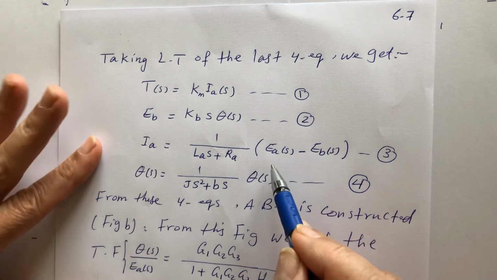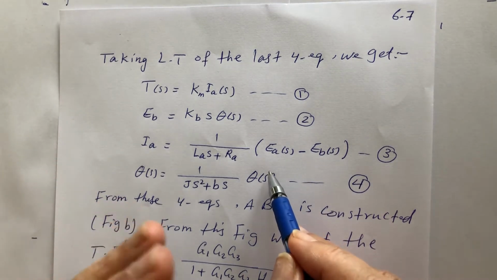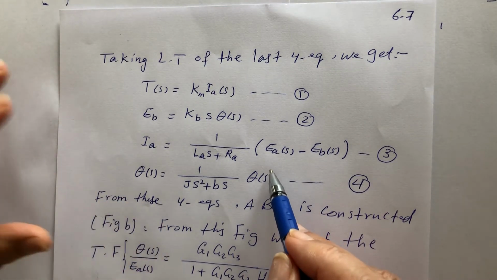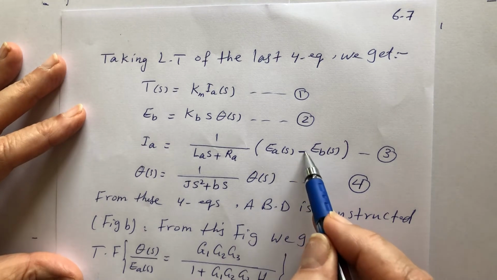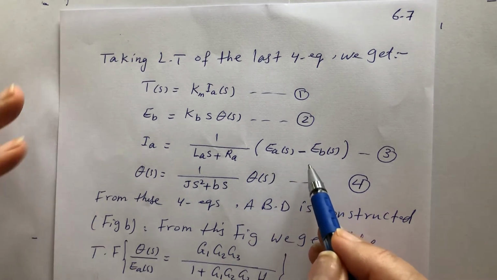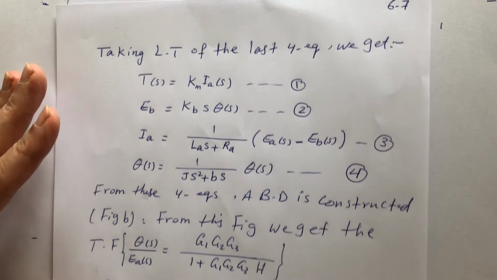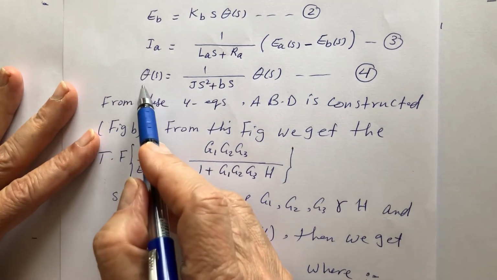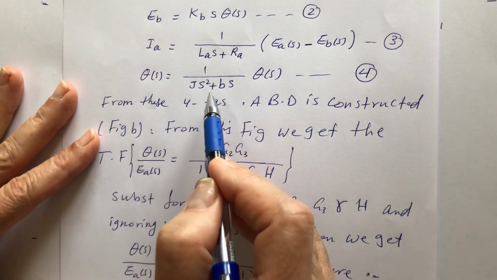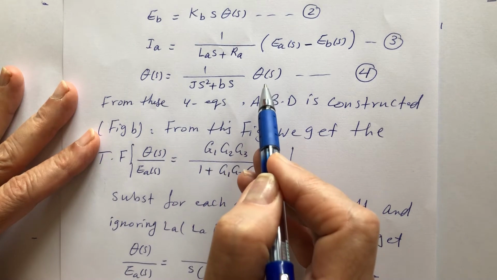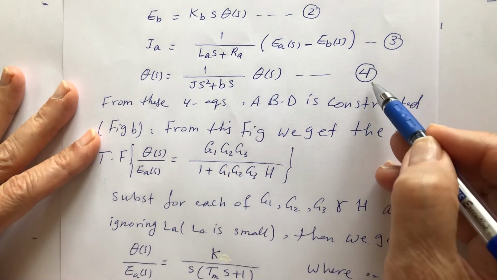EA is the supply to the motor, and EB acts as a back EMF. And theta of S equals 1 over (J S squared plus B S) times the torque. So this is equation 4.